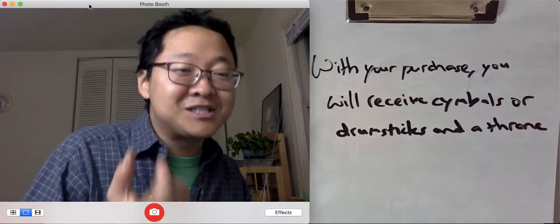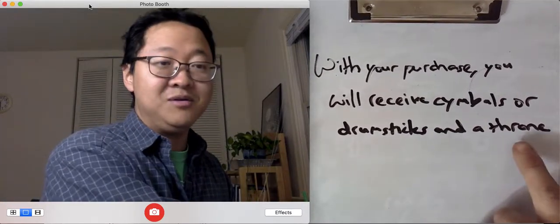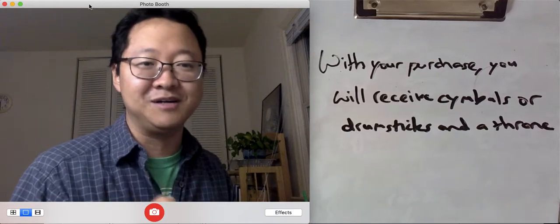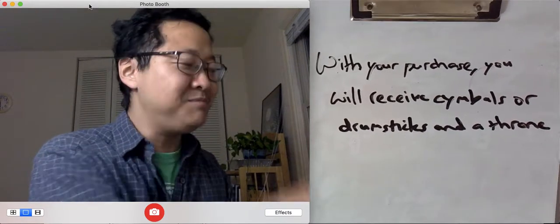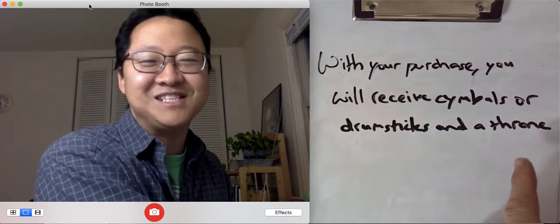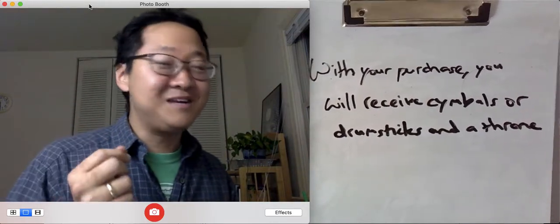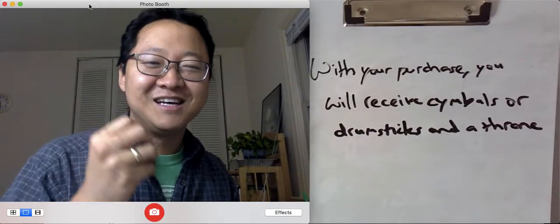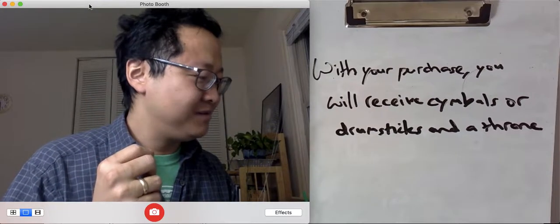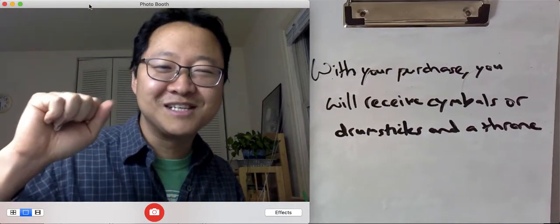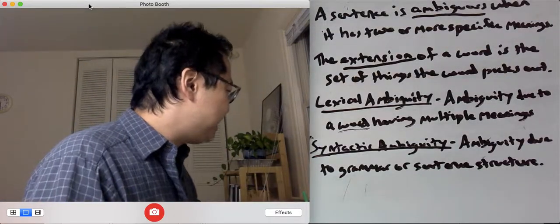There could be lexical ambiguity here, like the word throne refers either to the seat that drummers sit on, or it could refer to what the king or queen sits on. Or drumsticks means the drumstick, or it can mean the ice cream drumstick, or the chicken drumsticks, right? So anyway, that's my example.